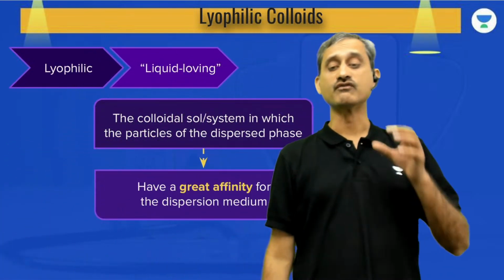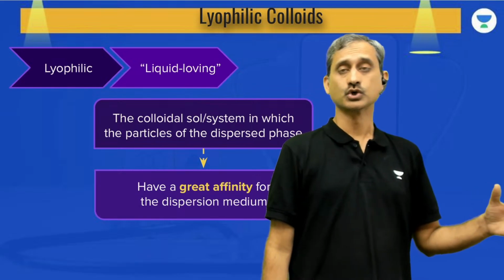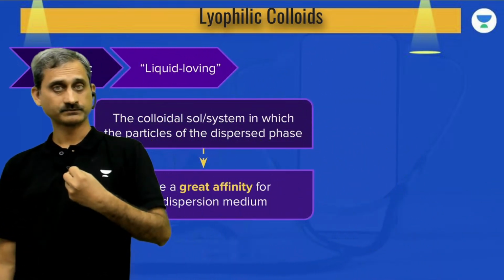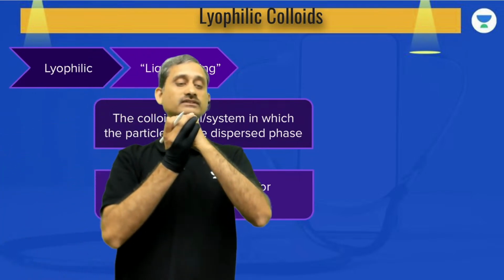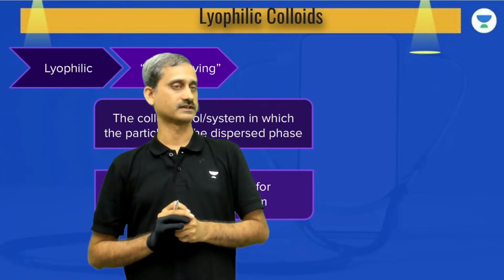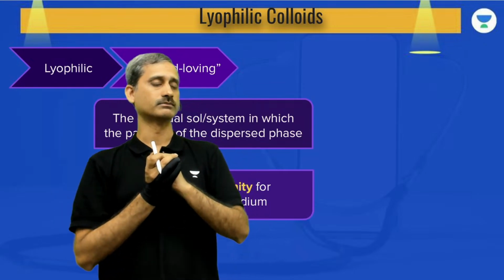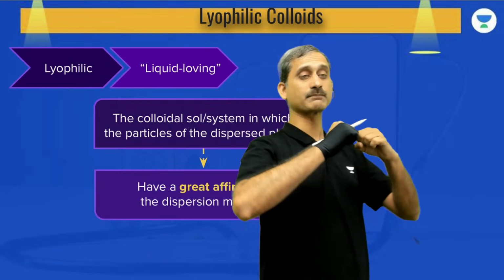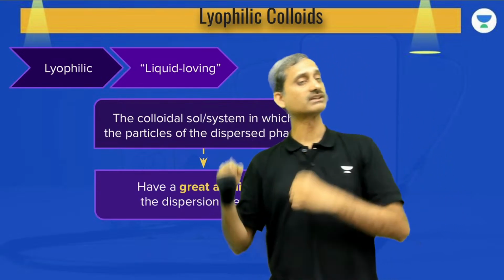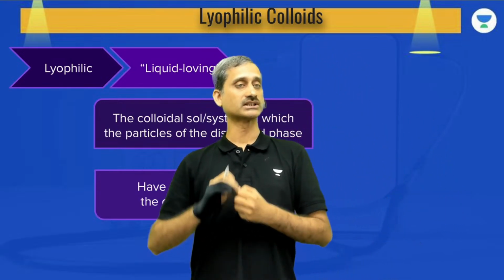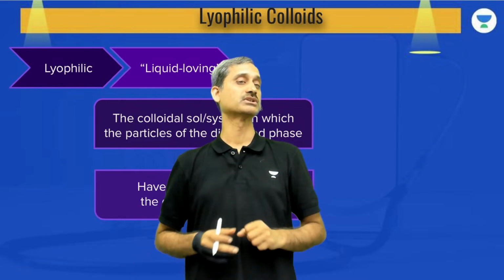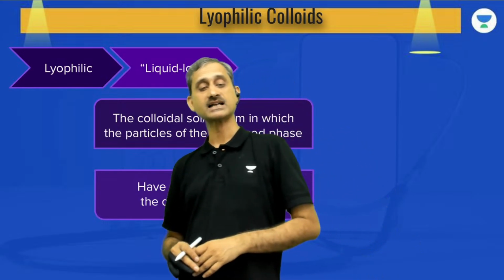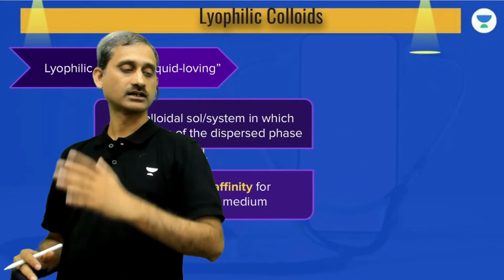So the dispersed phase has a layer of the dispersion medium on its surface, and the particles of the dispersed phase are separated from each other by the layer of the dispersion medium that sticks on the surface. That is what we have as the lyophilic colloids.